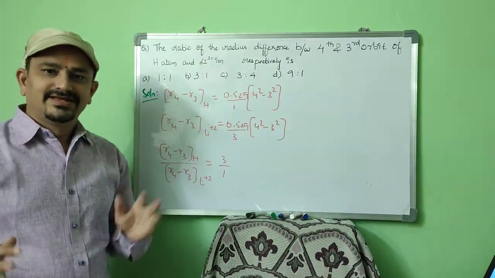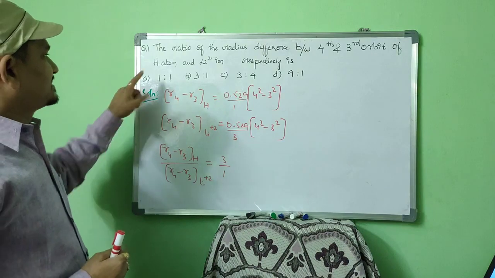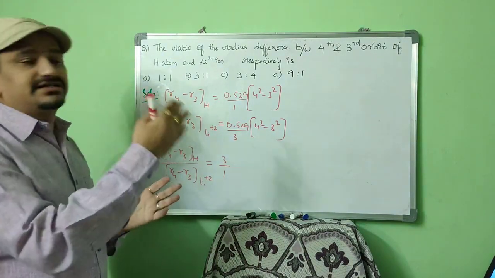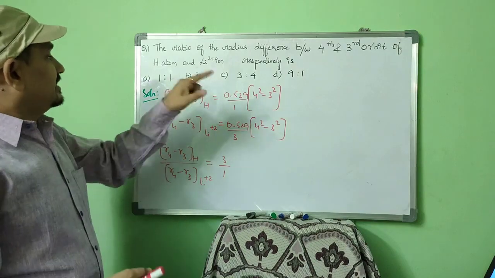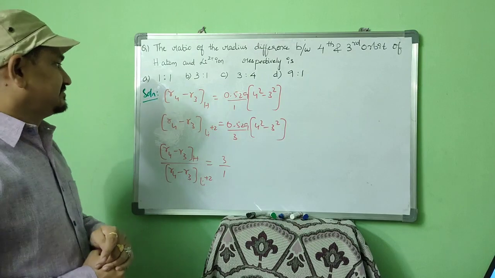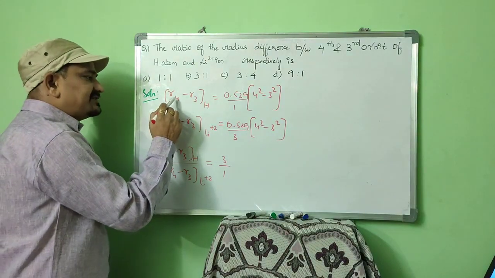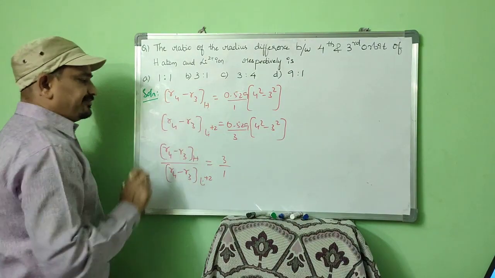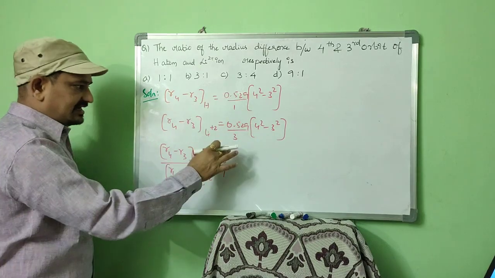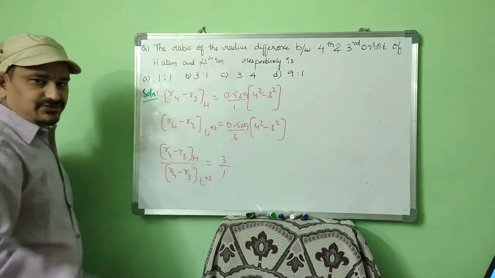So the next question is, the ratio of the radius difference between the fourth and third orbit in hydrogen atom and lithium 2 plus ion respectively. We have to calculate the radius difference between fourth and third in hydrogen, and between fourth and third in lithium 2 plus ion, and their ratio is asked in the question.